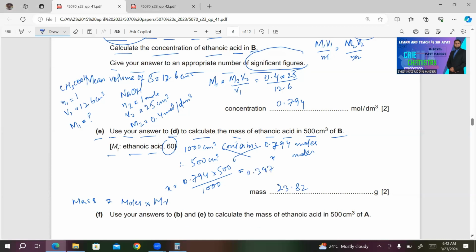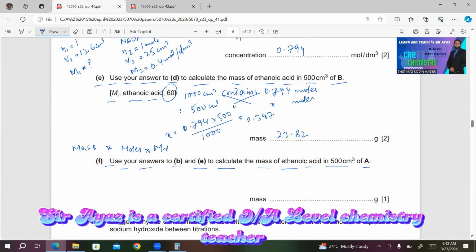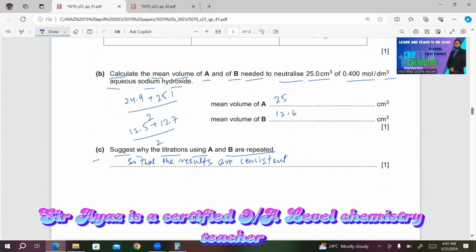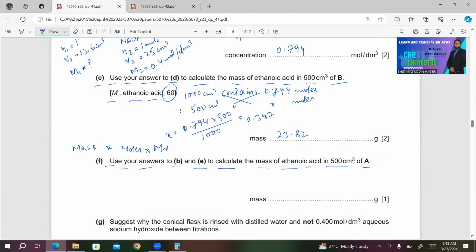Number F. Use your answers to B and E to calculate the mass of ethanoic acid in 500 centimeter cube of A. What about the mean volume of A? It is 25. So using the same formula, M1 V1 is equal to M2 V2.